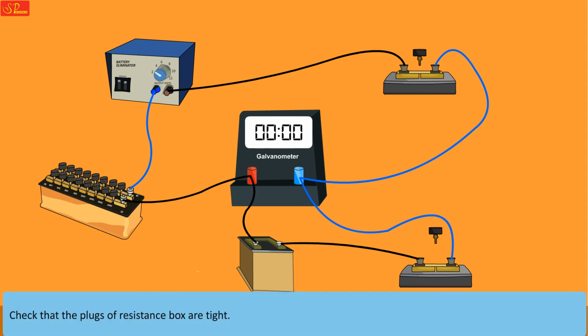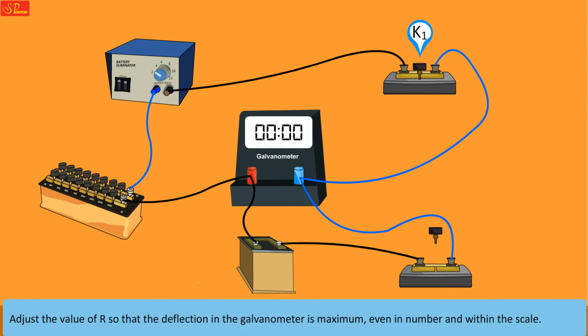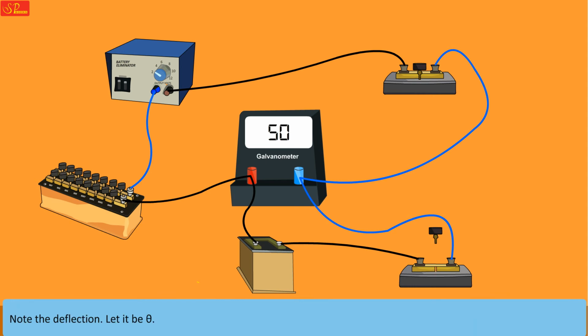Check that the plugs of the resistance box are tight. Introduce a resistance from the resistance box R and then insert the key K1 only. Adjust the value of R so that the deflection in the galvanometer is maximum, even in number and within the scale. Note the deflection, let it be theta.